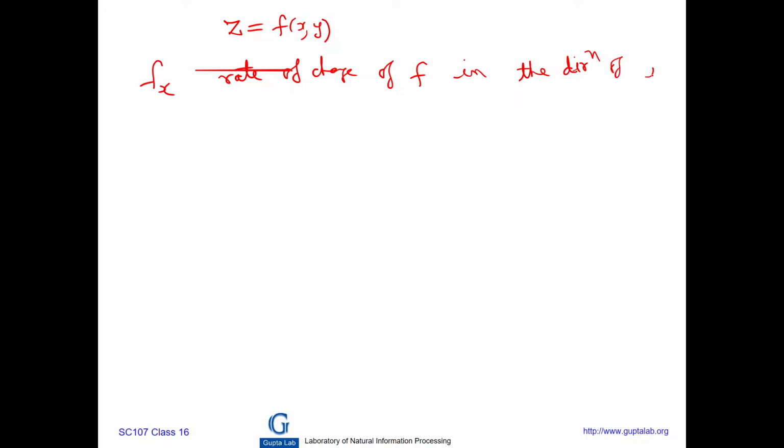You remember i is the unit vector. Similarly, f_y represents the rate of change of f in the direction of j, right? Unit vector j. Differentiation with respect to x is the rate of change in the x-axis direction, and with respect to y is the rate of change in the y-axis direction.